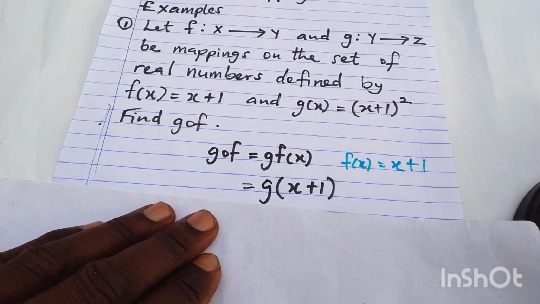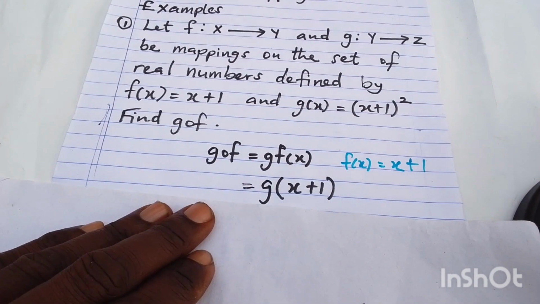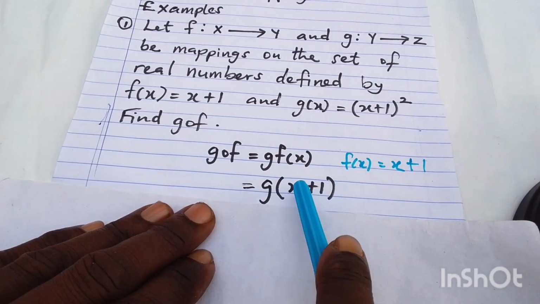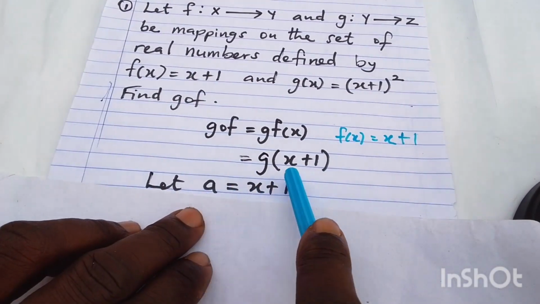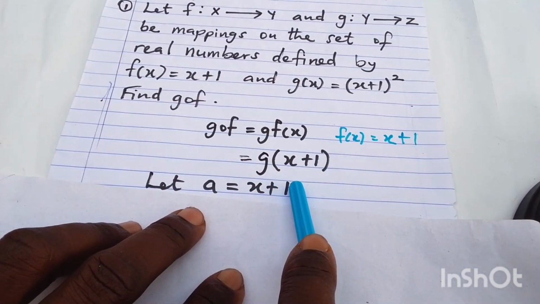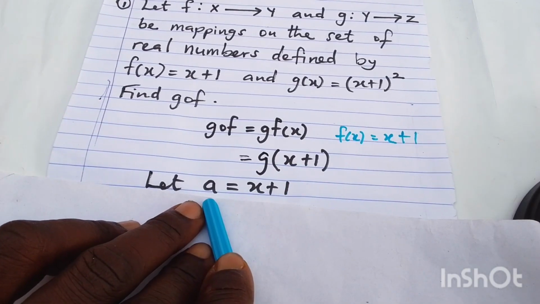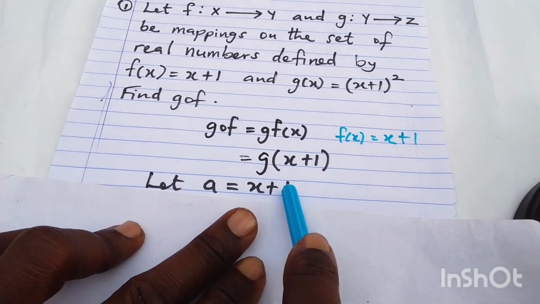So you are trying to get a composite mapping for the combination of the two mappings. Now from here you can say let A be equal to X plus 1.